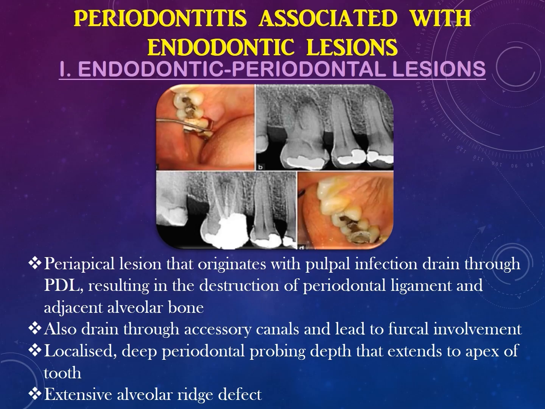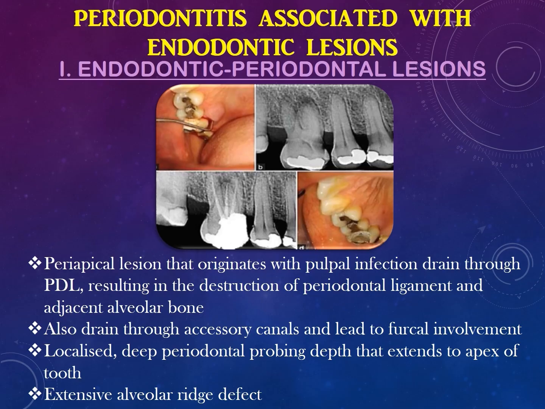It also drains through the accessory canals and leads to furcal involvement. It has localized deep periodontal probing depth that extends to the apex of the tooth. It also sometimes has an extensive alveolar ridge defect that necessitates reconstructive surgery before the placement of any kind of prosthesis or implants.